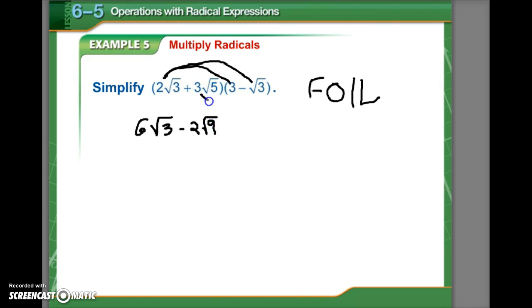Then we do the inner, 3 root 5 times 3. 3 times 3 is 9, so this is 9 root 5. And then we're going to do the last term, 3 root 5 times negative root 3. So we have negative 3, and then root 5 times root 3 is root 15.